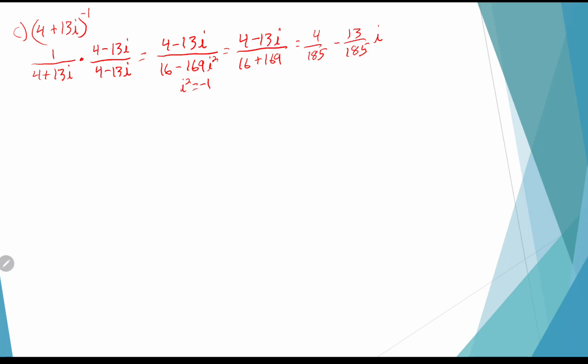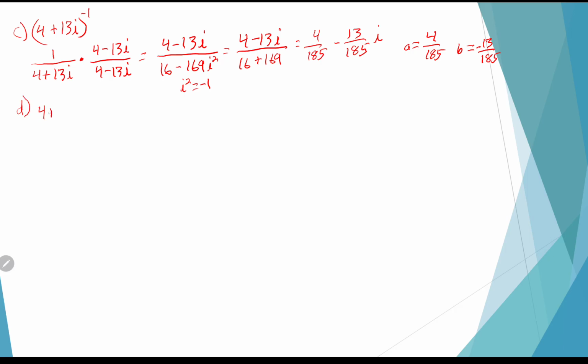In this case, A is equal to 4 over 185. B is equal to negative 13 over 185, right? So that's that. D, I'm going to let you do on your own. I mean, I don't want to take away all your fun knowing the answers.